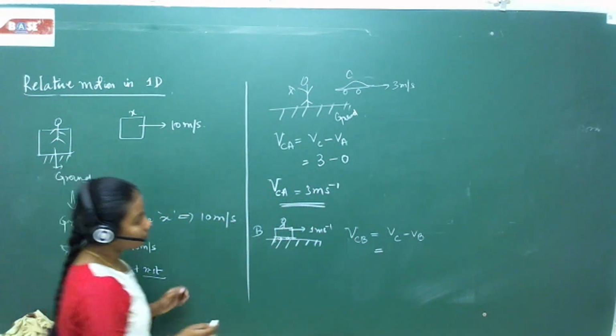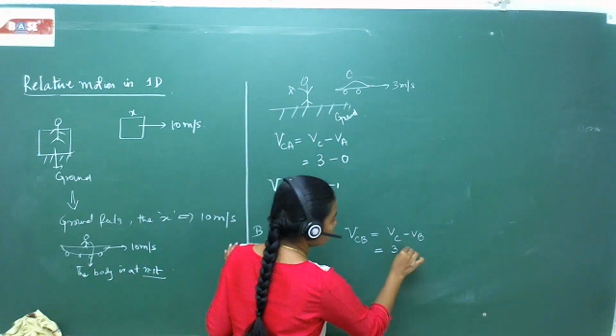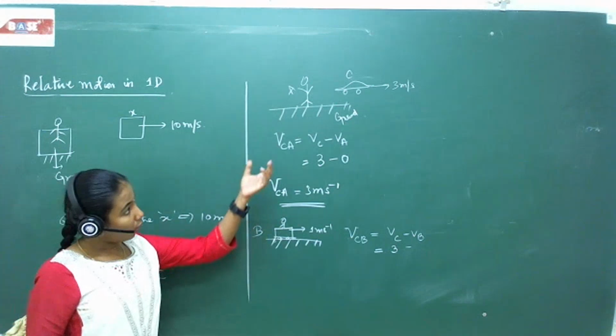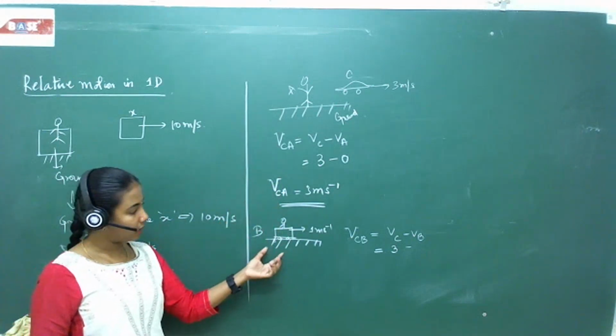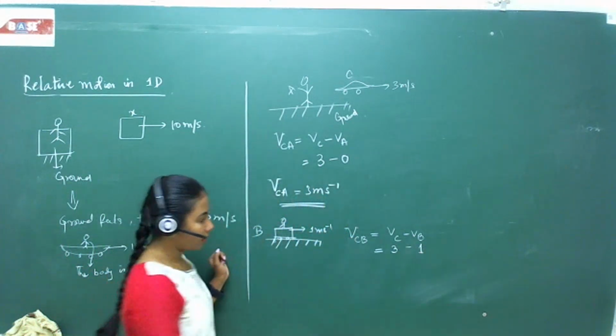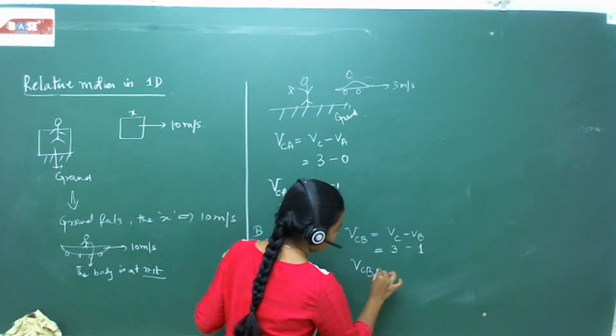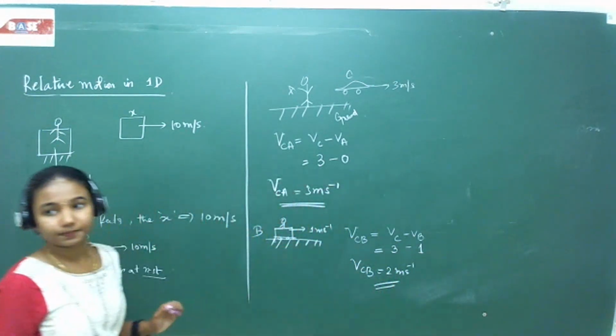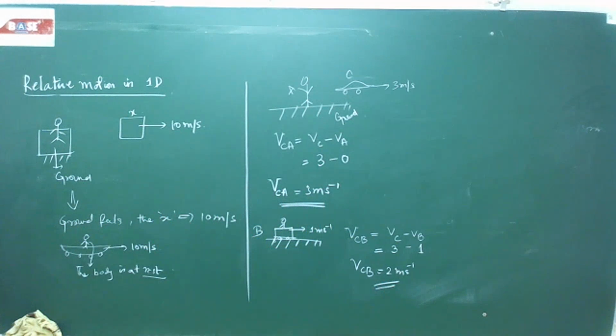Here the velocity of the car is 3, and the trolley is moving at 1 meter per second. That is B. VCB is nothing but 2 meter per second. So this is how we will write.